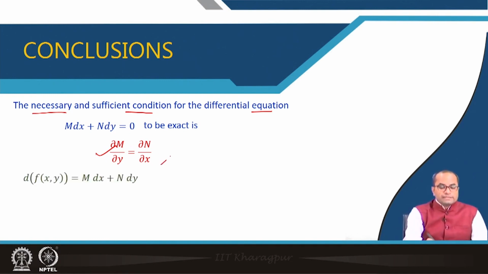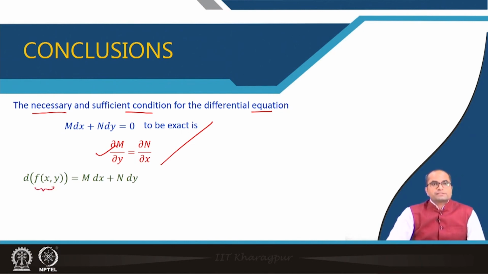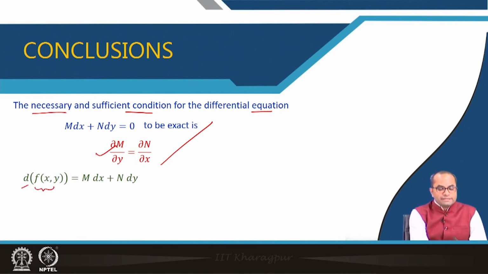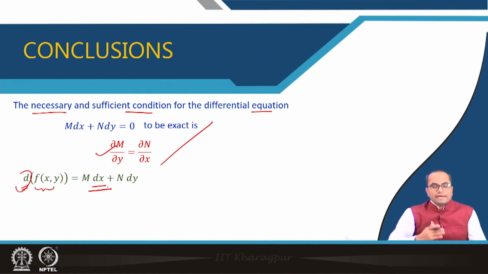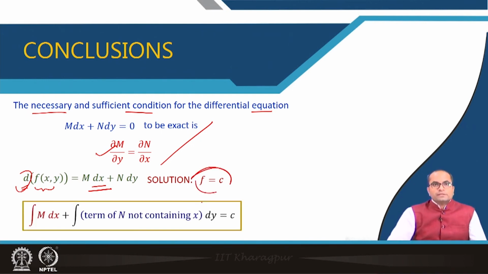And once we know that the equation is exact, that means there must exist such a function f(x, y) whose total differential is equal to exactly M dx + N dy. Once we have found this f(x, y), then f(x, y) = constant will be the solution of the given differential equation. The solution will be just f = c.